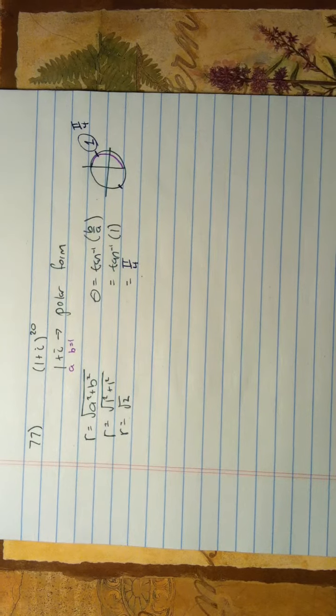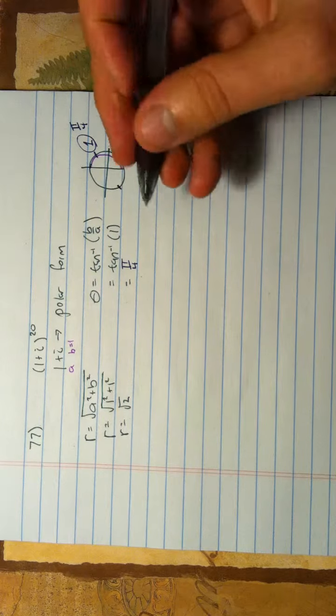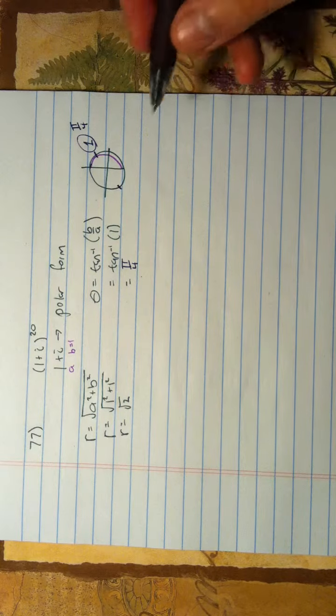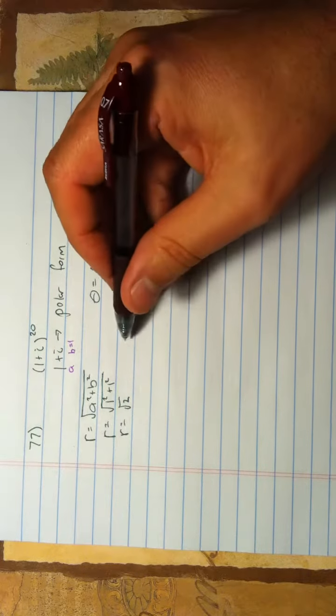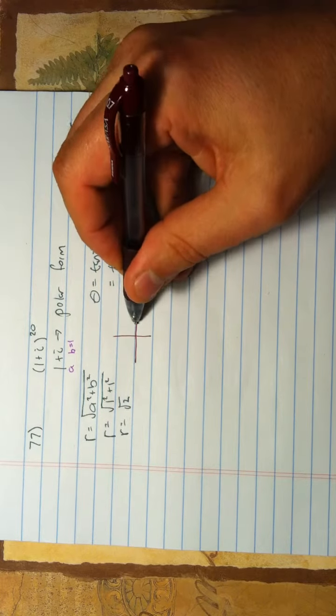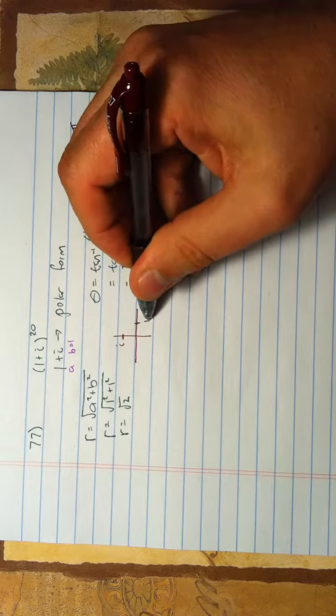But I'm also going to remember that that pi over 4 for theta might not be exactly right. I have to check what quadrant I'm in to see if I have to add 360 or 180. So I'll look at where this 1 plus i is graphically. So there's my complex number there, and this is the angle.